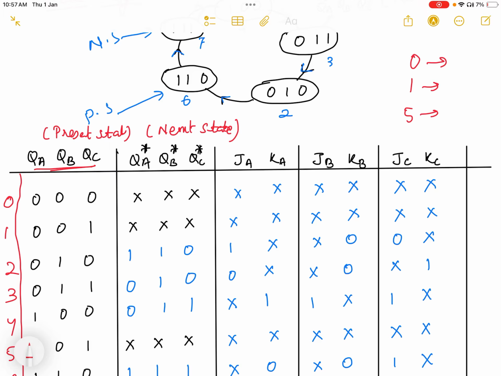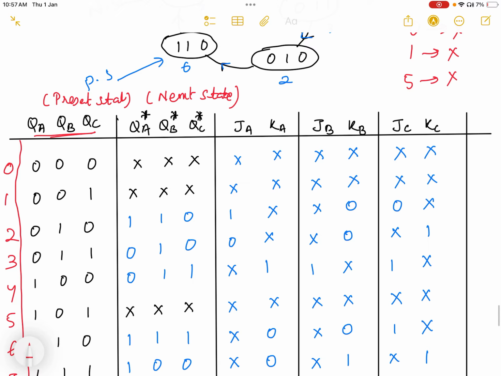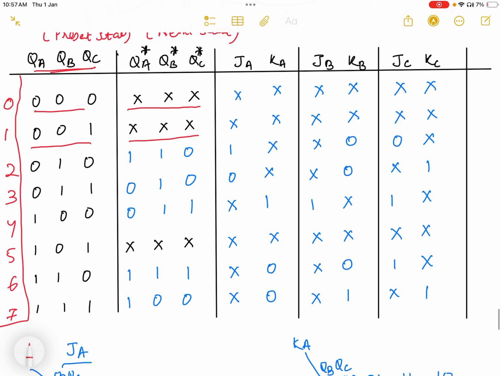So if 0 is the present state, or 1 is the present state, or 5 is the present state, we do not know what the next state is, so we write don't care. Present state is 0, so the next state we do not know, so we put don't care, don't care, don't care. Similarly, for 1 as the present state, the next state is also unknown, so we write don't care, don't care, don't care. Similarly, if the present state is 5, the next state is also unknown, so I write don't care.